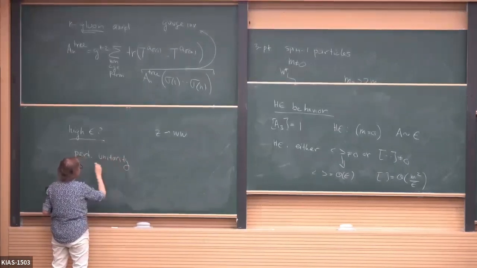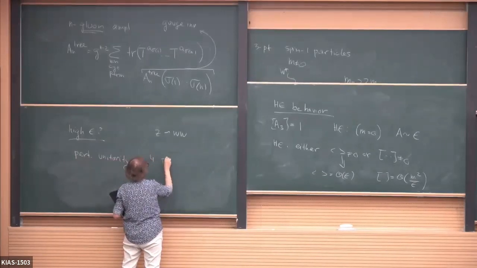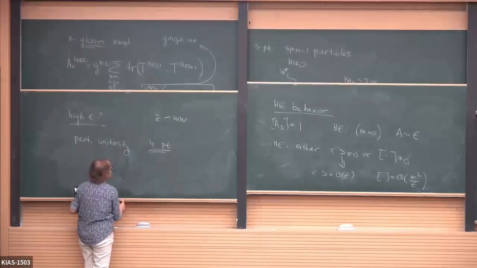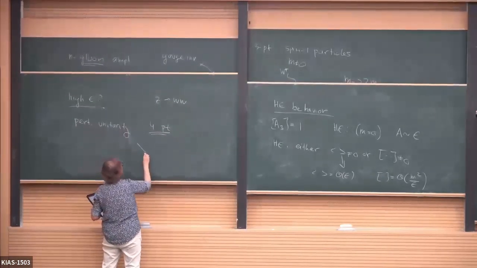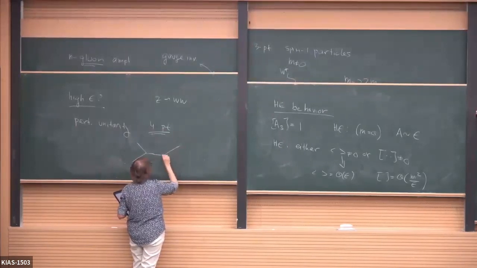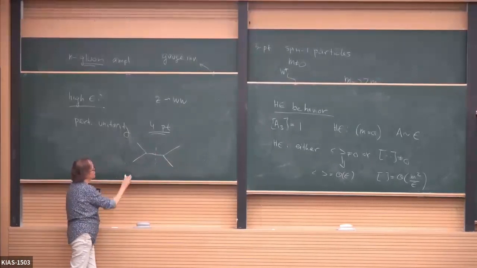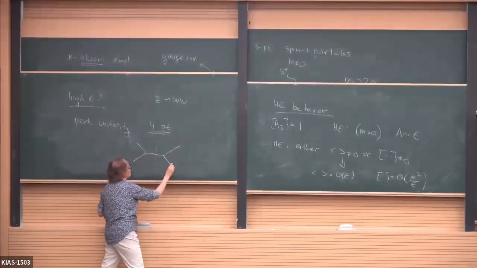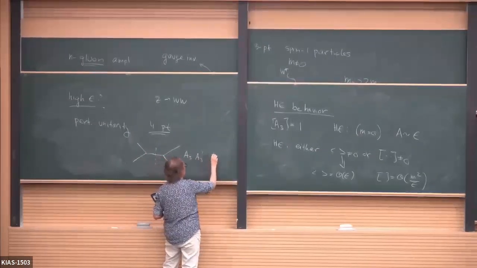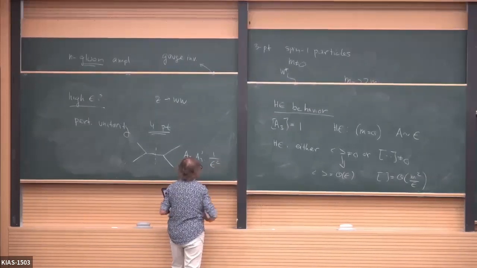So the thing that really exhibits perturbative unitarity is the 4-point, because that's really the first physical thing that we have. But the 4-point is essentially made of 3 points. I can think about it as gluing 2 3-points together. So I have an A3 times another A3 times the propagator, and the propagator goes like 1 over E squared.